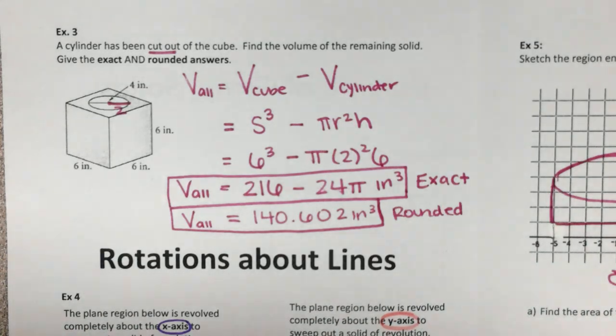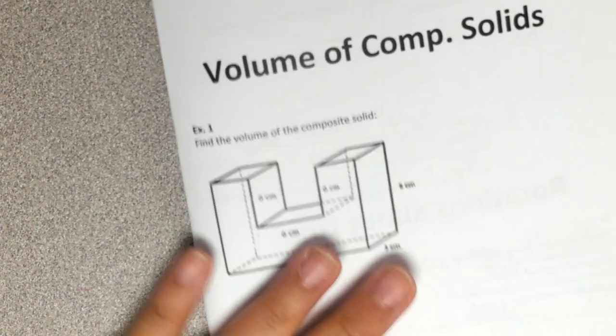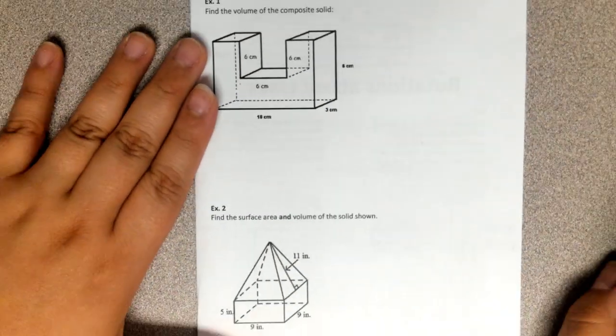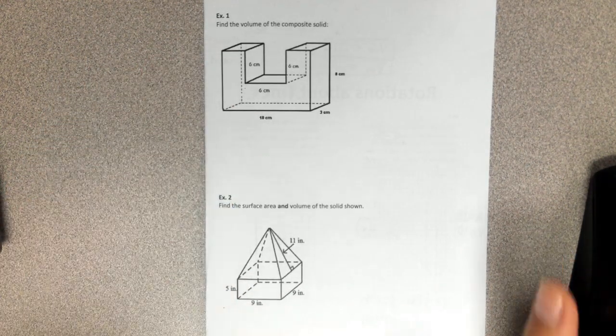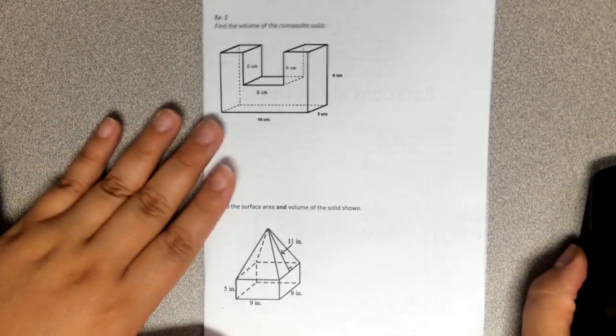We just have 2 examples on the front to do, and then we're done. We good? All right. On the front here, this time, what's different about these compared to the 2 we just did? These are combined versus cutting out. Do y'all agree? All right.